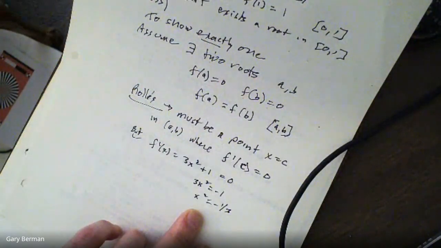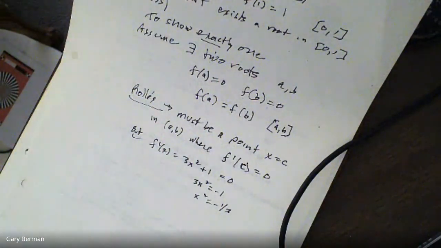This derivative can't be 0. Well, that's a contradiction. Rolle's theorem says the derivative's got to be 0 somewhere. The derivative itself says, heck with you, I'm never 0. That's a contradiction. And it means that something's wrong.